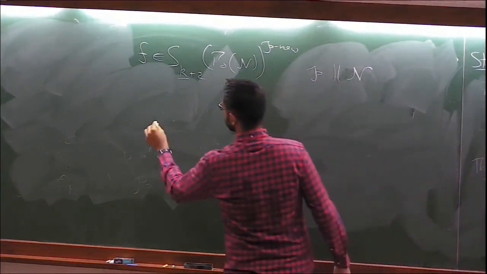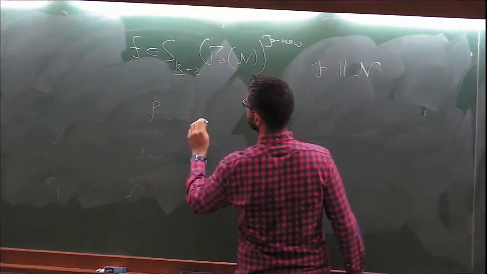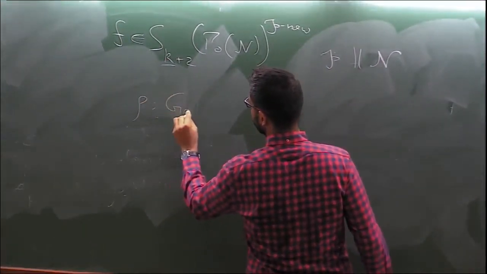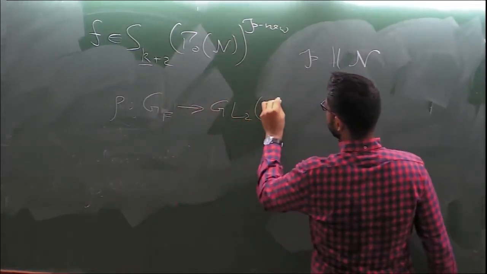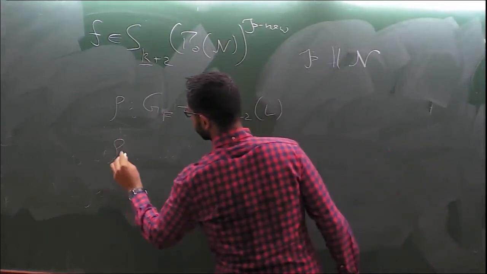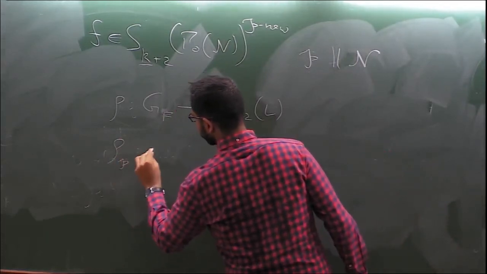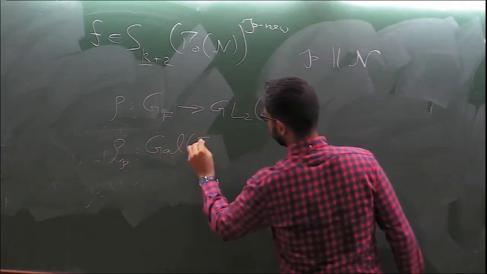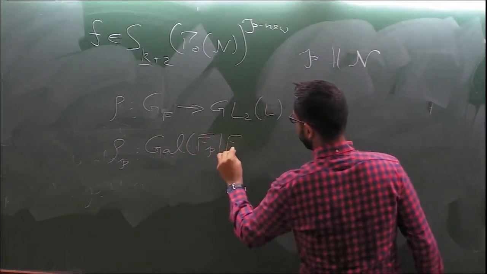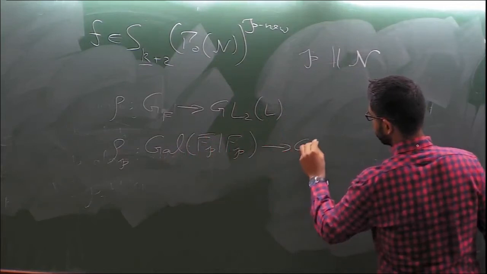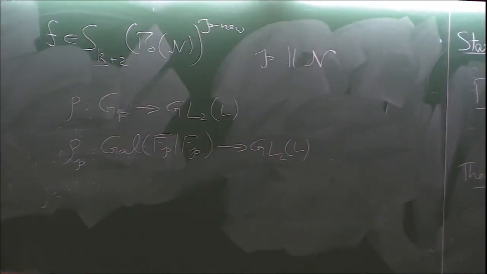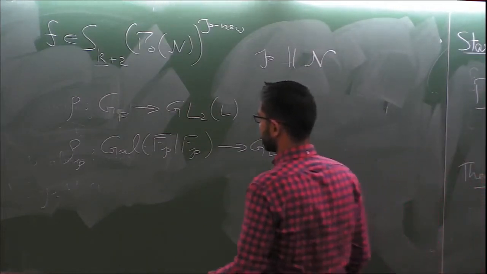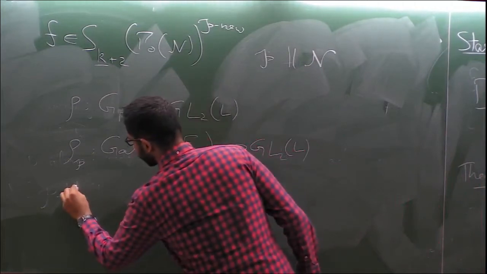And then there is a p-adic Galois representation attached to this, rho from G_F to GL2 of L. I can restrict this to a decomposition group, let's call this rho P, from Gal(F_P bar over F_P) to GL2 of L. The automorphic representation attached to F is Steinberg at P. So there are standard conjectures, local-global compatibility, that rho P is semi-stable.